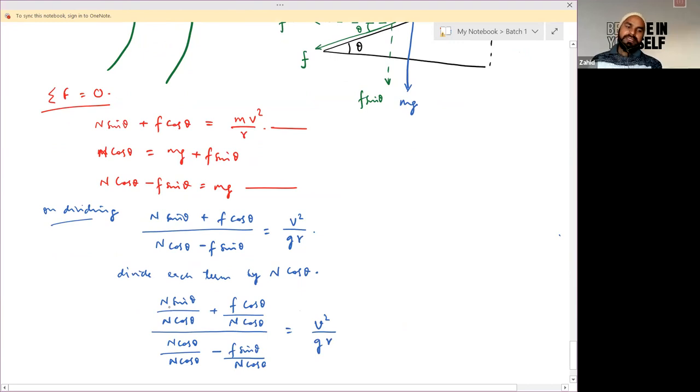Now in the first part, N and N will cancel out, and in the second part, cos theta and cos theta will cancel out. In the denominator, N cos theta and cos theta will cancel out.